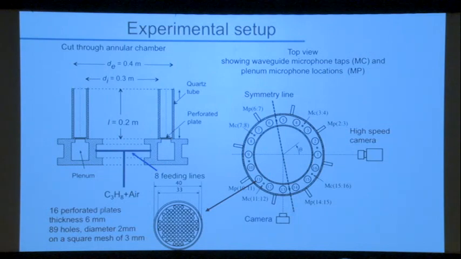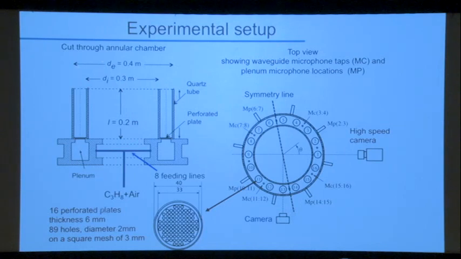This shows the dimensions, the hole sizes. It shows also that we have microphones located on the plenum, as well as microphones located on the chamber, the high-speed camera, another camera here.